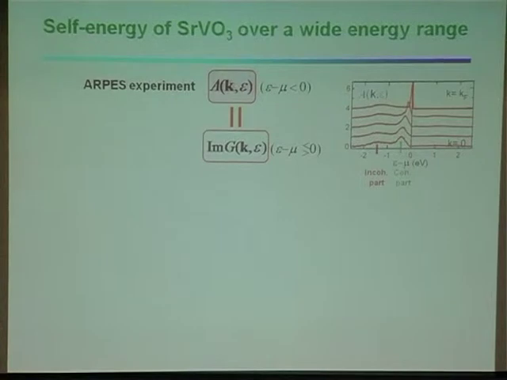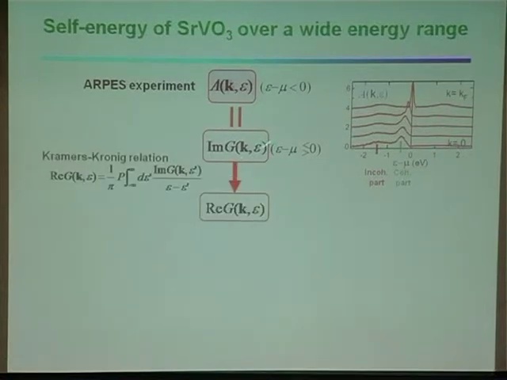And of course, this is nothing but the imaginary part of the Green's function. But we need the empty part also, so we have to make some assumption. Empty states information is experimentally missing, so we just symmetrize at momentum kF, and ignore these empty states.